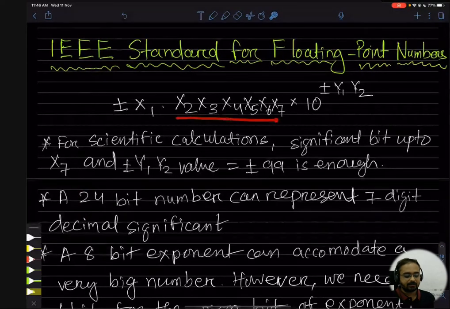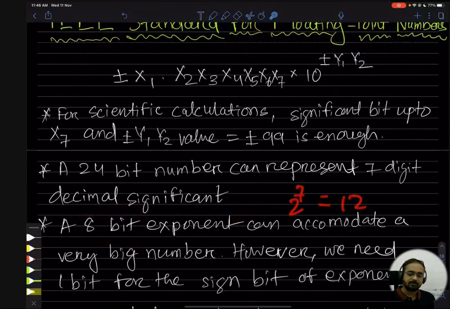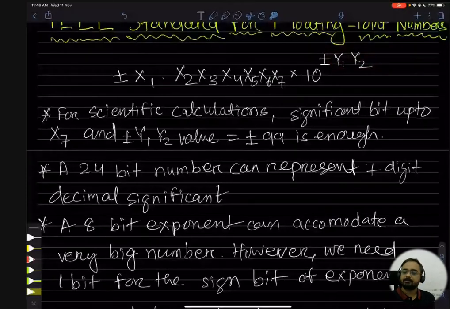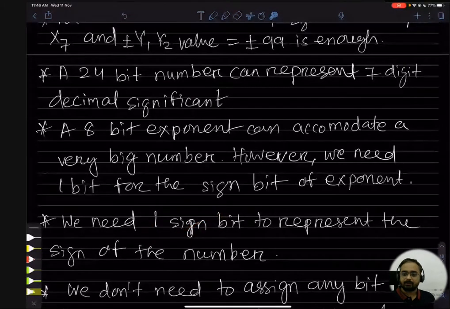And for 99, what will be the number of bits? Obviously an 8-bit representation will be enough, because 1 bit is kept for sign, and with the rest 7 bits you can generate 2 to the power 7, which is 128. So a 7-bit representation is enough for the exponent, plus we need 1 sign bit to represent the sign of the number, either plus or minus.